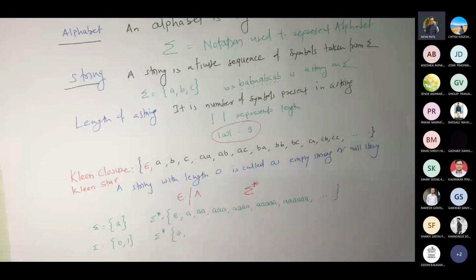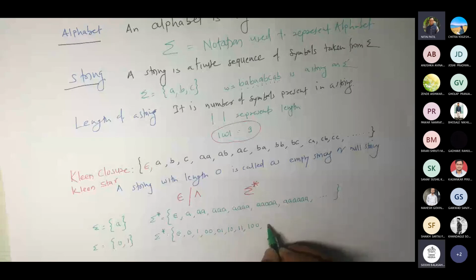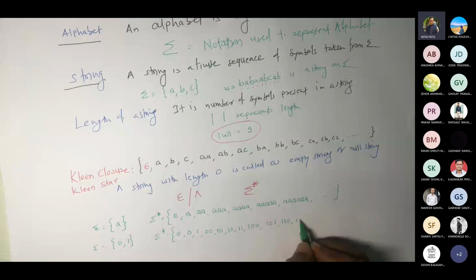Epsilon, then 0, 1, then 0 0, 0 1, 1 0, 1 1, then 0 0 0, 0 0 1, 0 1 0, 0 1 1, 1 0 0, 1 0 1, 1 1 0, 1 1 1. Correct.